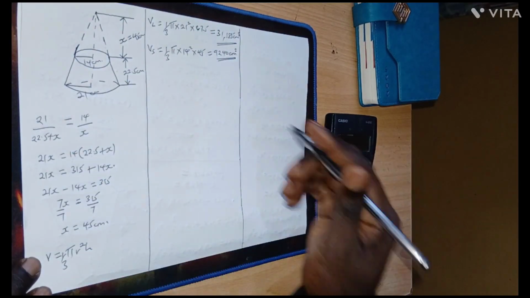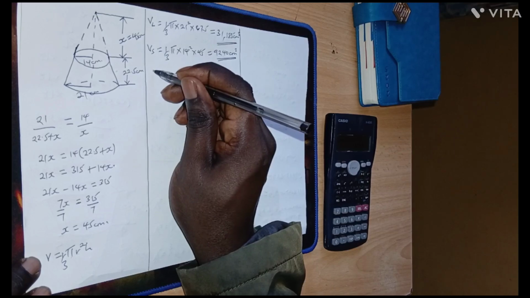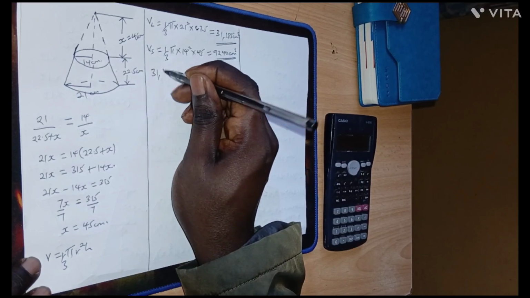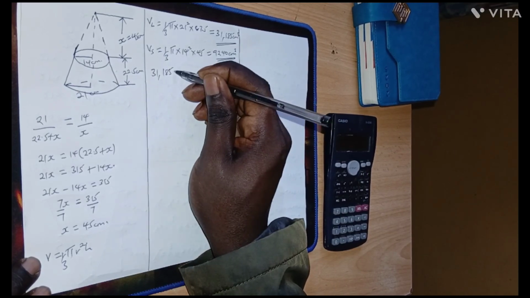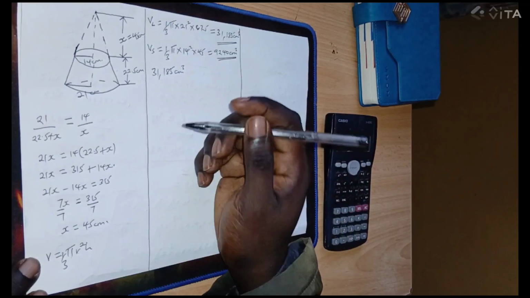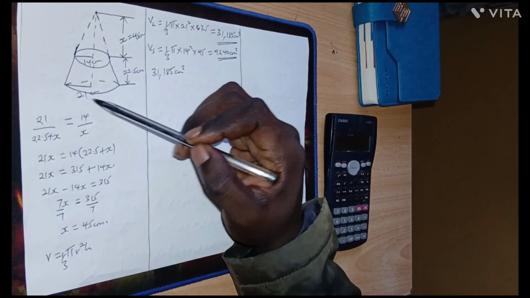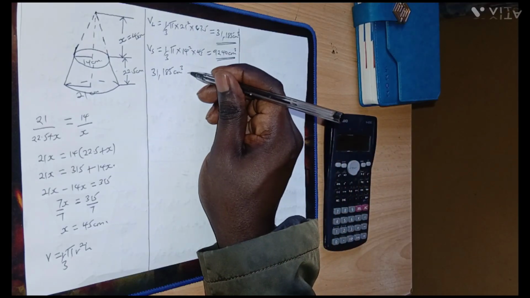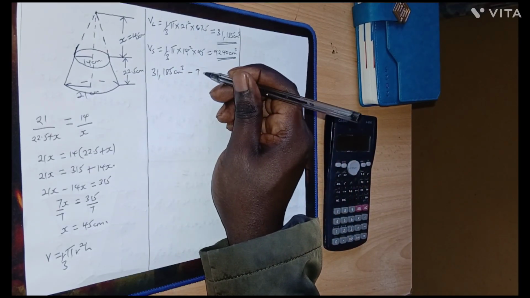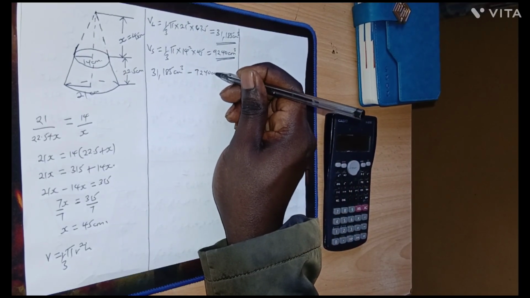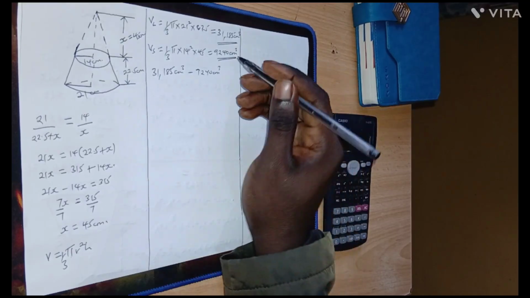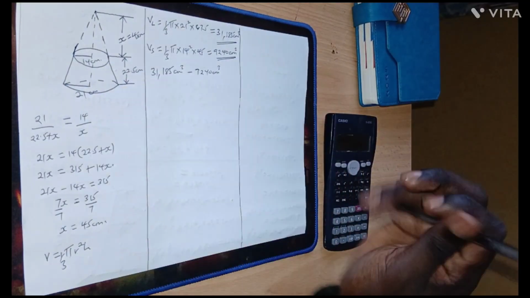After we established that, we want to get now 31,185 centimeters cubed, which is the volume of the large cone. Then we deduct 9240 centimeters cubed, which is the volume of the small cone, right?